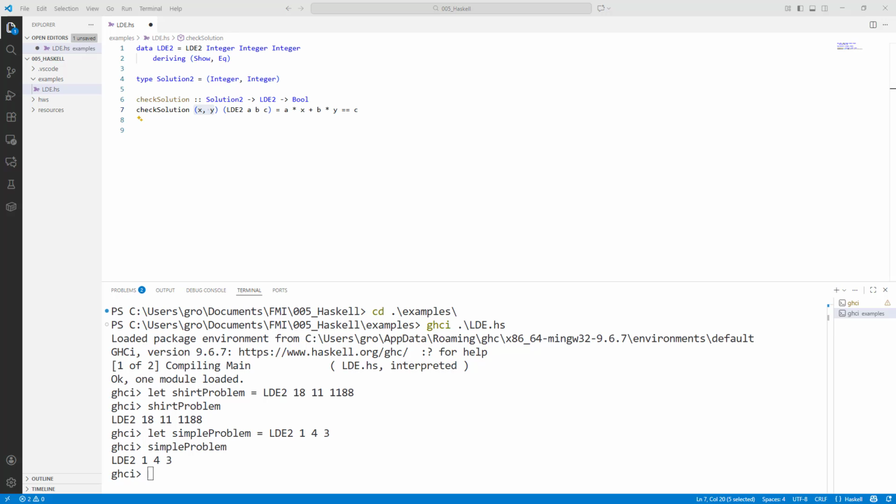And I know the second argument, this one, would be LDE2, or in other words, linear Diophantine equation with two variables. Just put those three numbers and call them a, b, and c. This should work. And this is the fancy unpacking here.